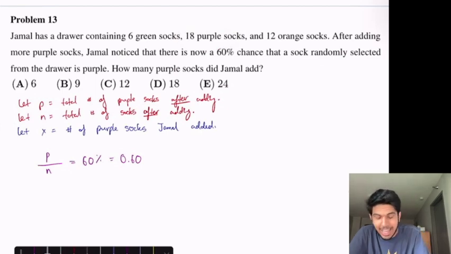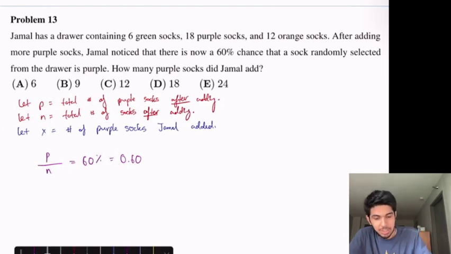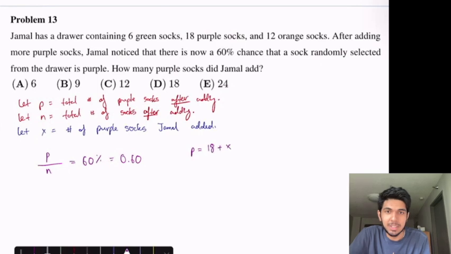In fact, he adds x purple socks to the 18, and that results in P socks, because P is the amount of purple socks after he adds them. So we can say that P is equal to the 18 he started with plus the x that he added.